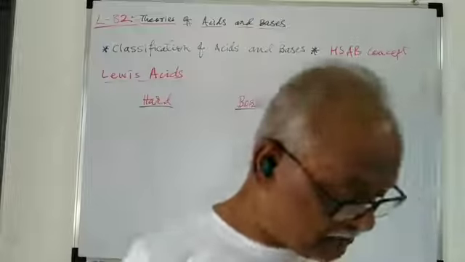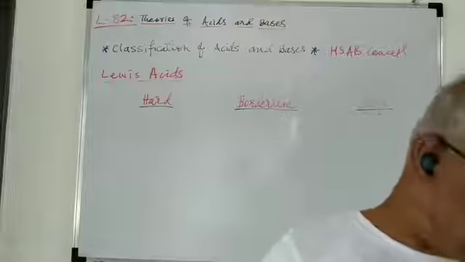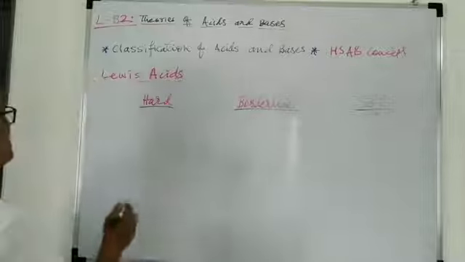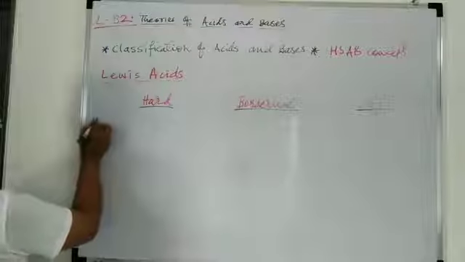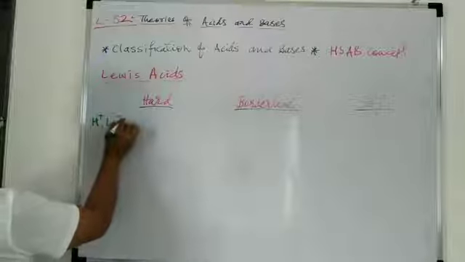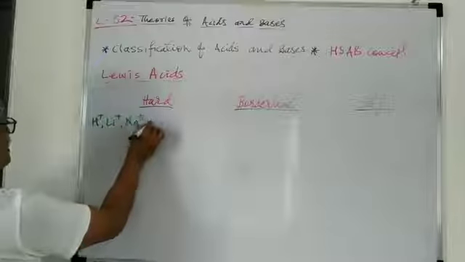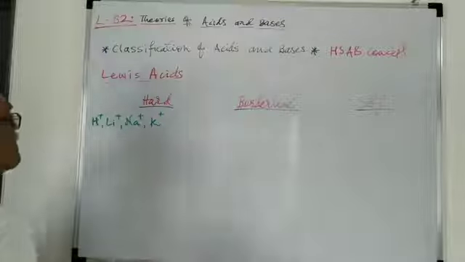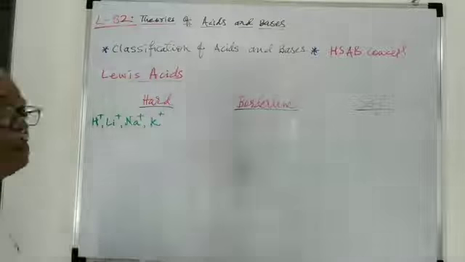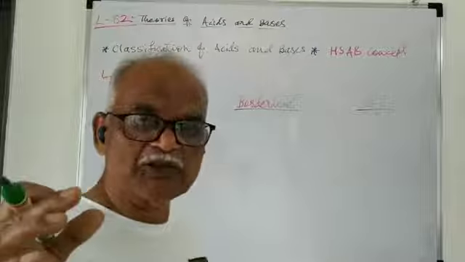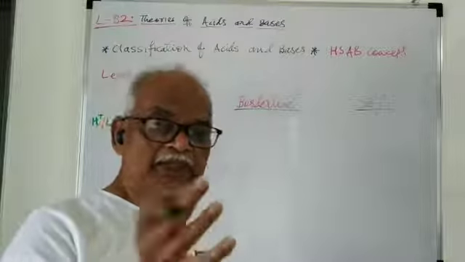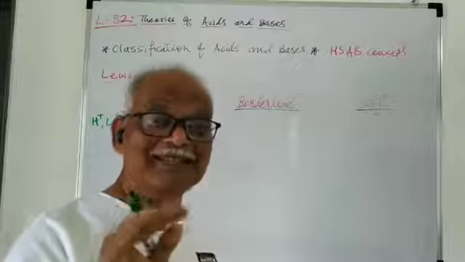We will consider the Lewis acids which are hard species, such as H plus, then Li plus, Na plus, K plus, etc. These are hard species because their electronic configuration is similar to the earlier inert gas element.